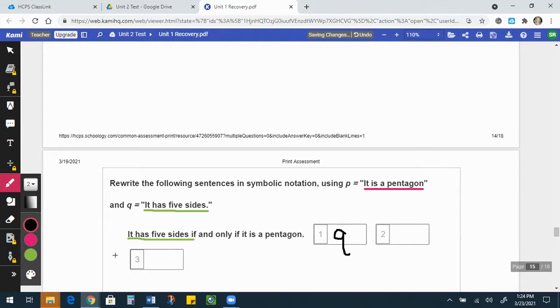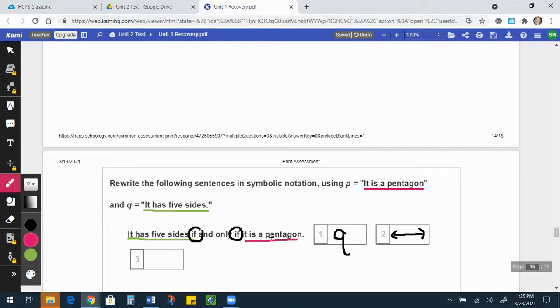If and only if, y'all, I remember if I have 2 ifs, then I need 2 arrows. So I know that the middle symbol is going to be the double arrow. And let's see, it is a pentagon.